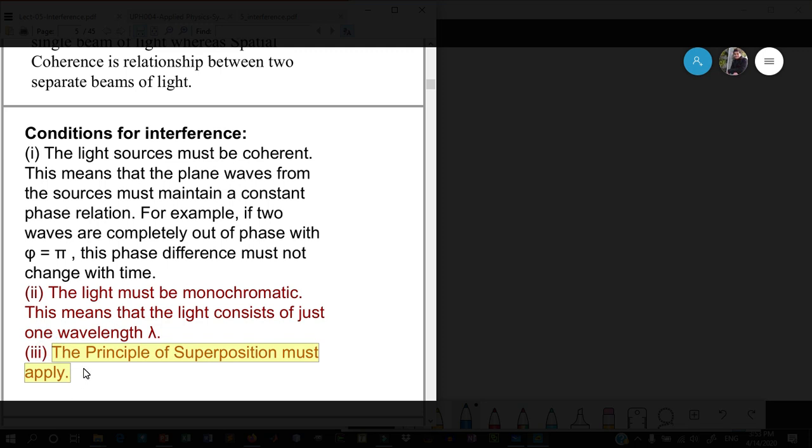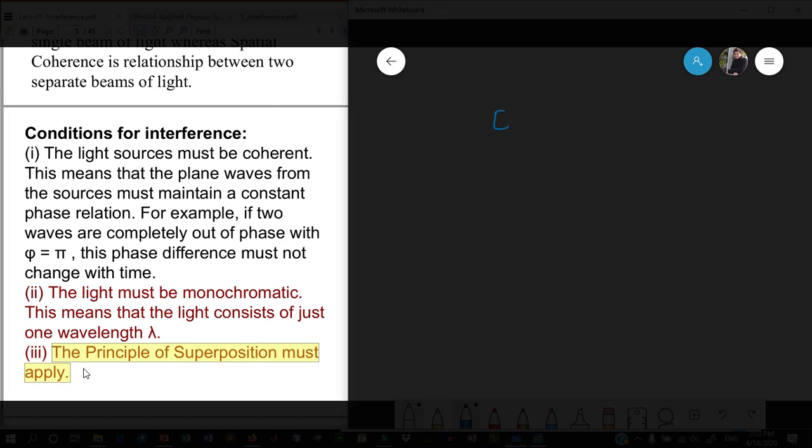It's simple. In a mathematical sense, if there are two sources, and let's say the light from one source is E1 and from the other source is E2, here is a source, here is a source, the light is going from here and they are meeting at one particular point.